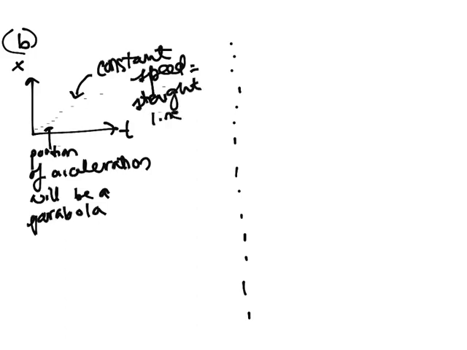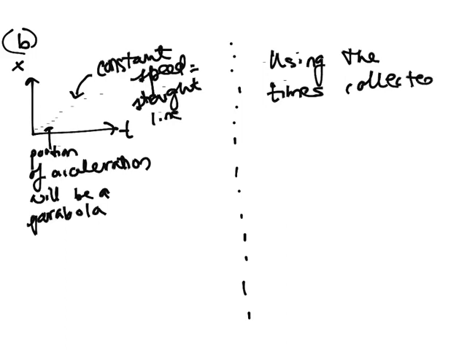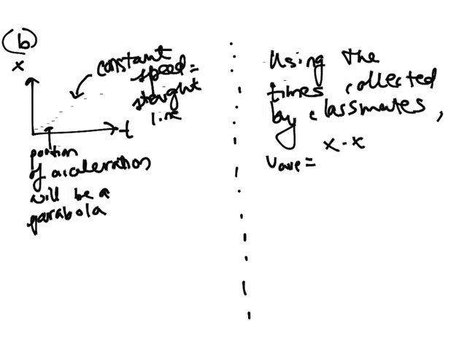The other method you could use is, using the times collected by the classmates, you could use v average is equal to x minus x naught over t minus t naught.